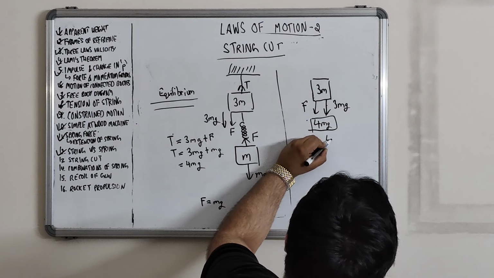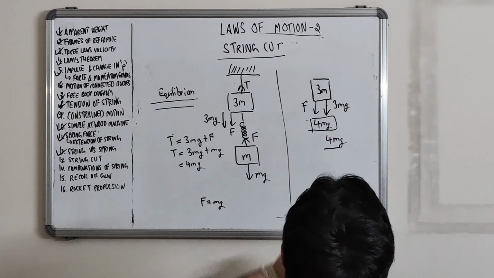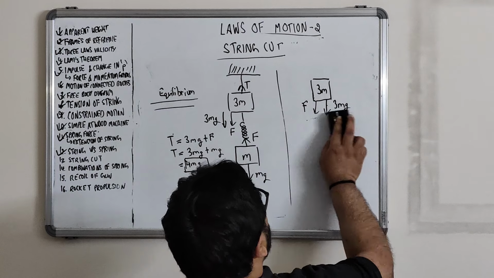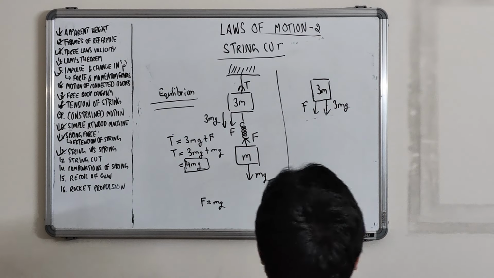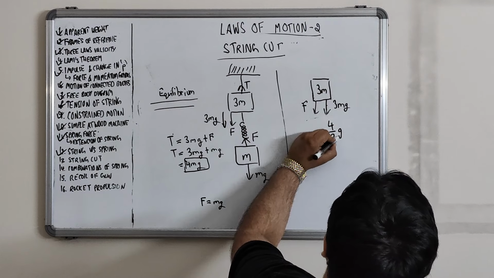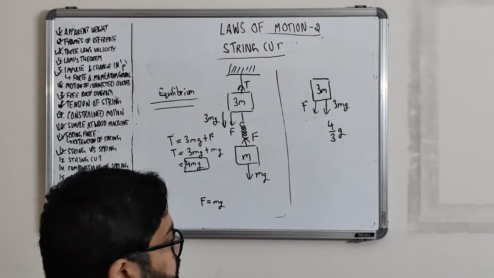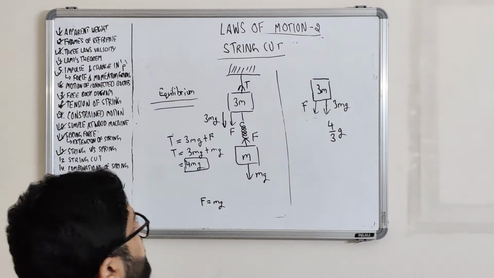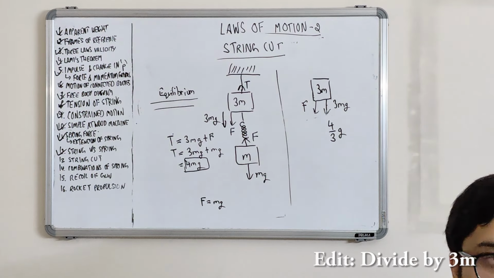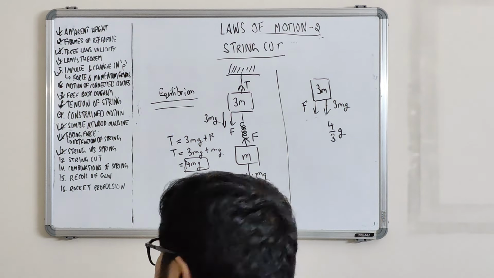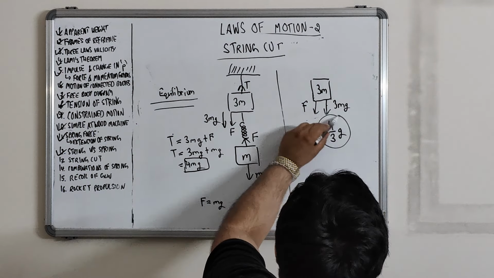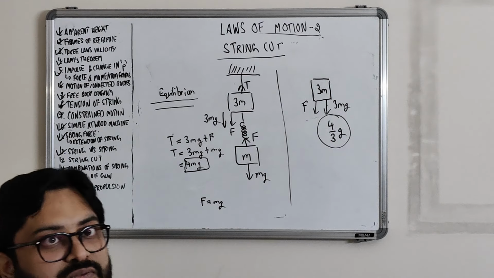There is no tension upwards, but you have F and 3mg, so net force is 4mg, and you divide by 3m because it's in free fall. Net acceleration is 4 by 3 g.